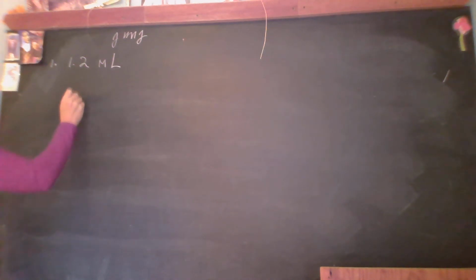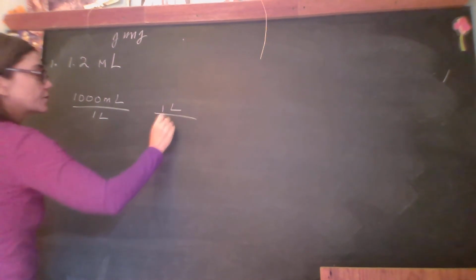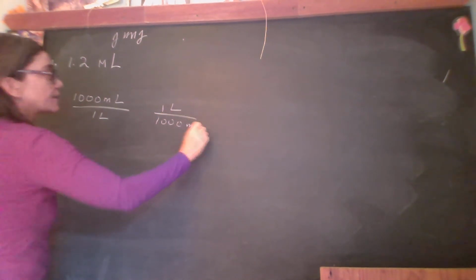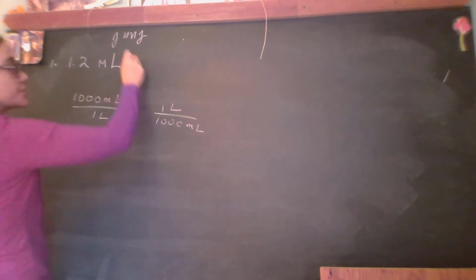Okay, so we're going to use the conversion units, either 1,000 milliliters per liter or 1 liter per 1,000 milliliters. Which is the right one to use? The one on the left or the one on the right? Remember, we want to cancel our units and end up with liters.